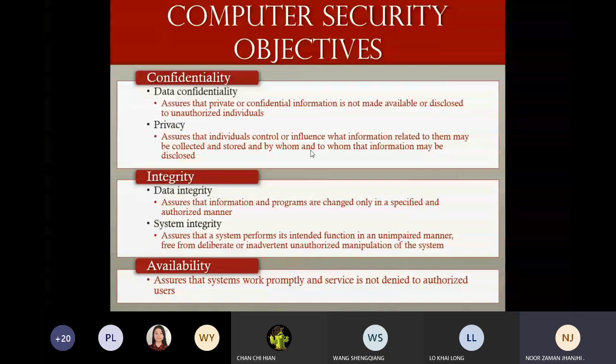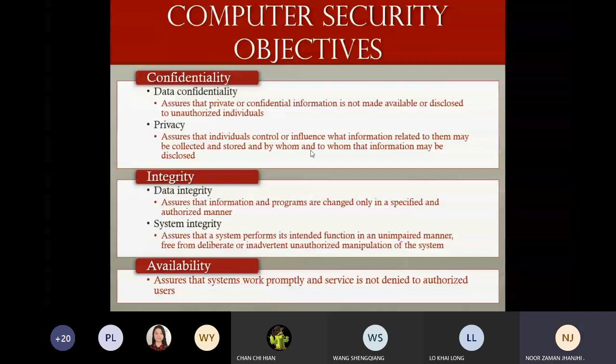We need to make sure that the data we are discussing is confidential, its privacy is maintained, integrity is maintained, system integrity is also maintained, and it is available whenever the user or the owner wants it.